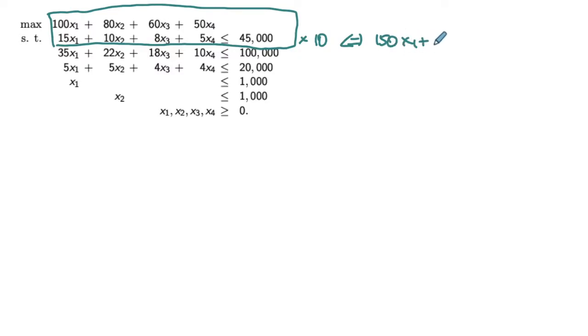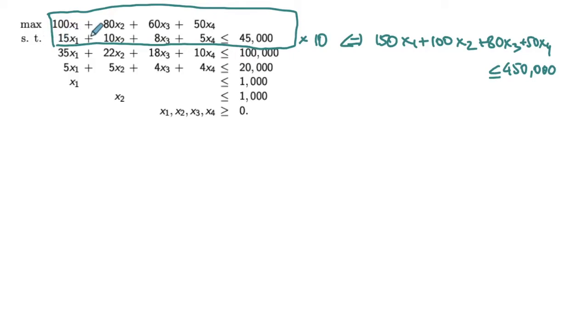150x1 plus 100x2 plus 80x3 plus 50x4, and all of this is less than or equal to 450,000.